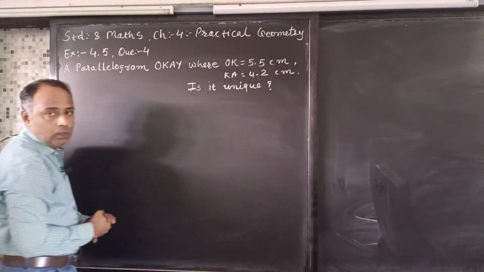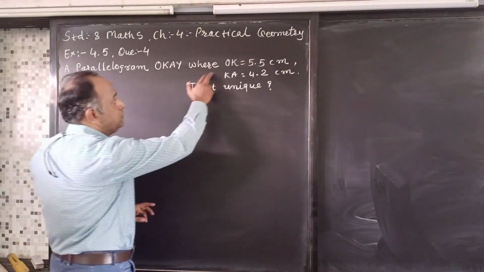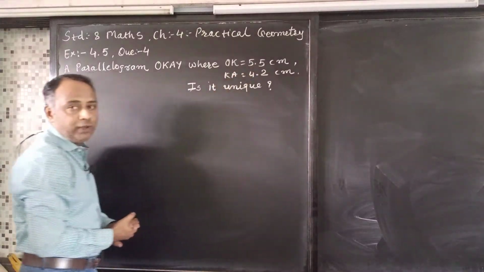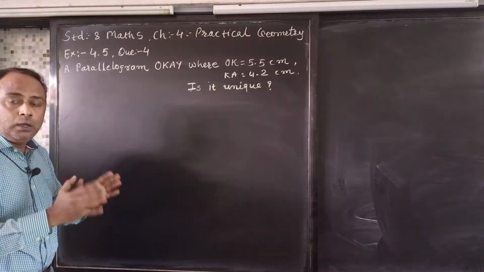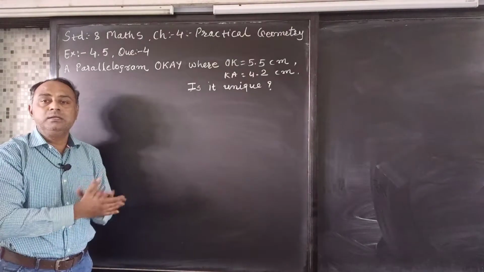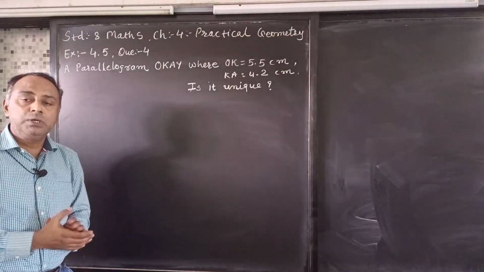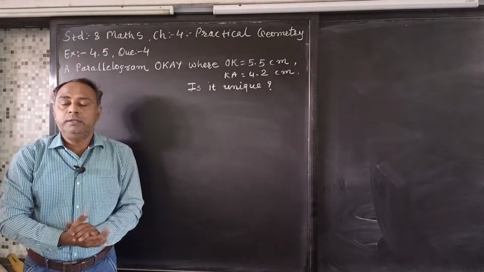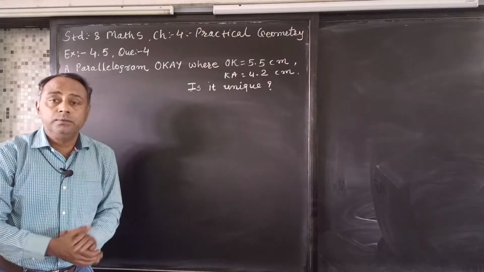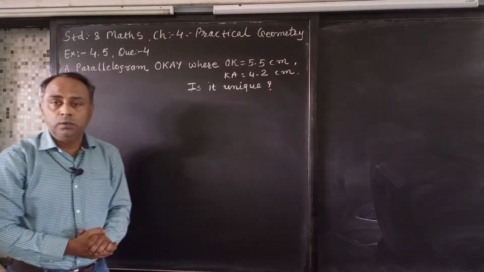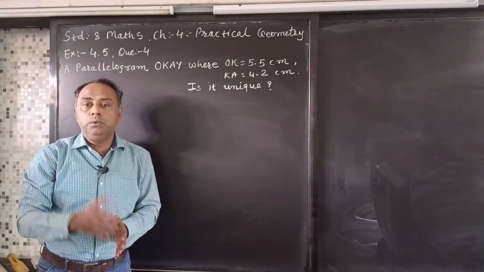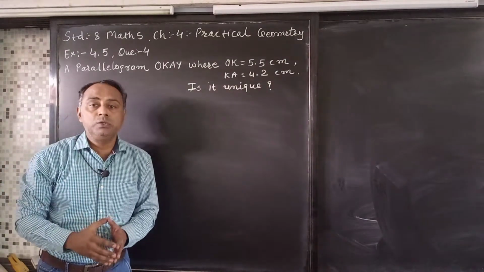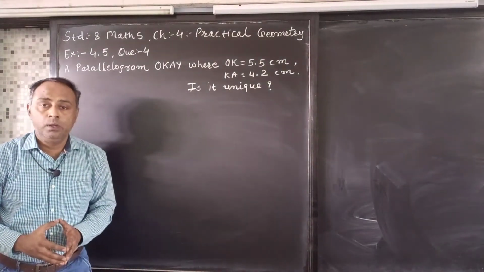Its name will be OKAY, and the measures of two sides are 5.5 and 4.2. Now what is so important, why I consider this one as a special construction? Because it is clearly that angles are not given. So when angles are not given, you need to recall the properties of parallelogram.